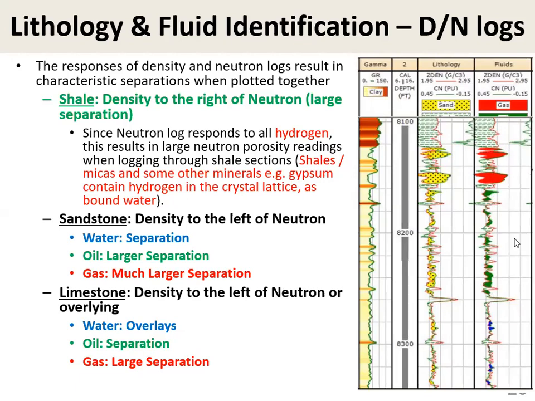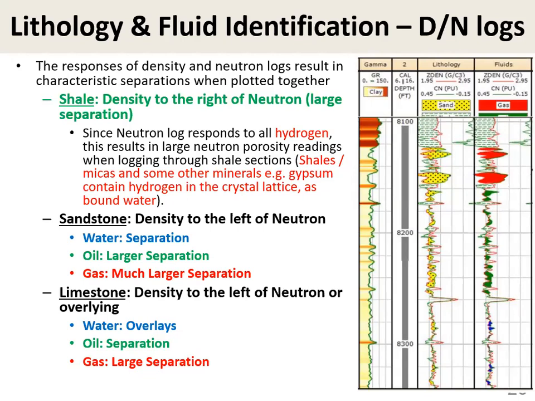Of course, when you have a very little separation, it's usually identified as water. When you have a larger separation, that's within the same formation, that's oil. And then when you have a much larger separation, that is termed gas. So for this log, the convention used is red for gas, green for oil, blue for water.